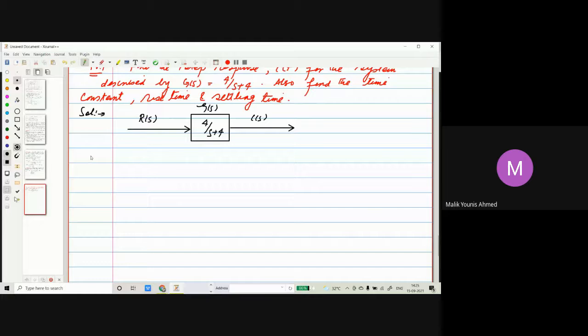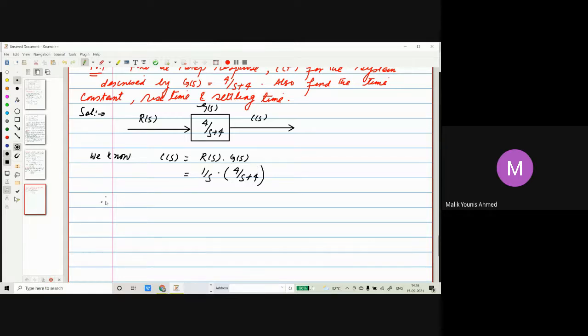So we know C of S is equal to R of S into G of S. This we already know. Now R of S is 1 by S in this case because it's a step response, and step response in Laplace transform is 1 by S. That you know already. The transfer function is 4 divided by S plus 4.